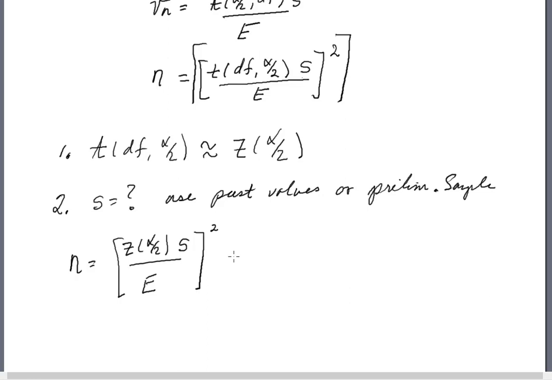Now, in this problem, estimating the watermelons, we wanted E to be no more than 0.5, so I'll take the boundary 0.5. We know that our alpha by 2 is equal to 0.01, so z alpha by 2 is equal to, remember how we get that?